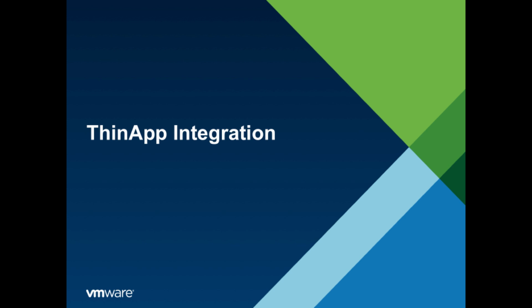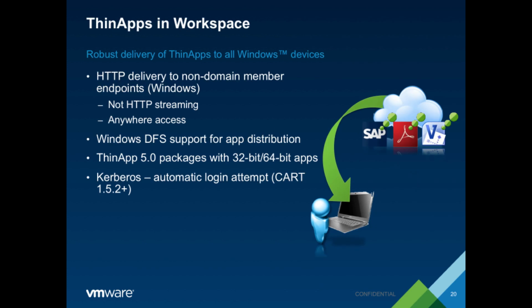The next part is the ThinApp integration into Workspace and some recommendations and best practices on that specifically. In the latest release in Workspace Portal 2.0, we support delivering ThinApp applications over HTTP. Actually, HTTPS is the protocol being used on 4.4.3. We're not streaming the applications.